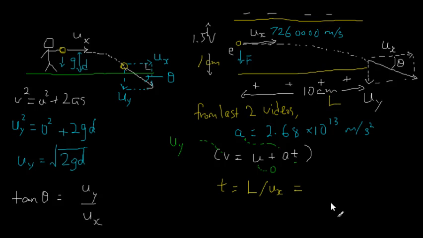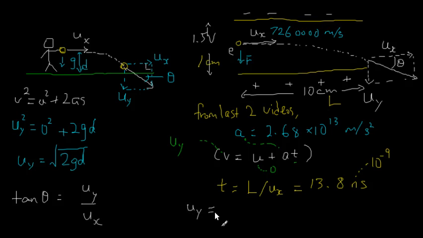Okay, and the answer that I got is a very small number. It's 13.8 nanoseconds. Right? Remember, nano is 10 to the power minus 9. So with this, I can now use this equation to find uy.